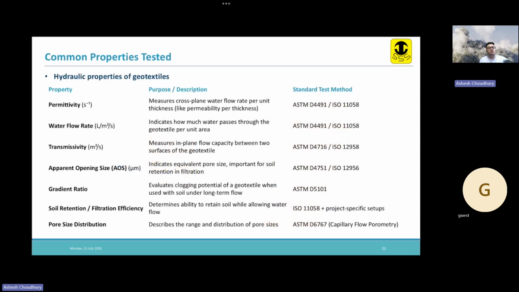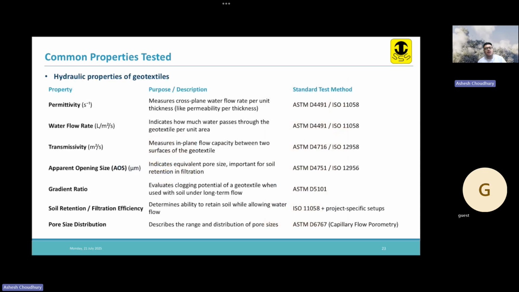Now, say you have a geotextile. The in-plane flow is measured by the transmissivity property, and the cross-plane flow is measured by the permittivity.